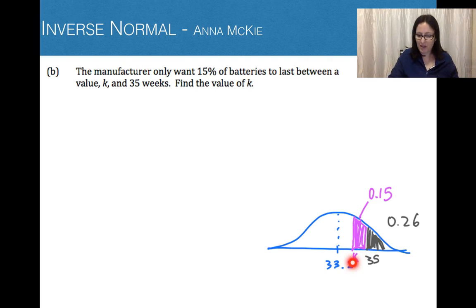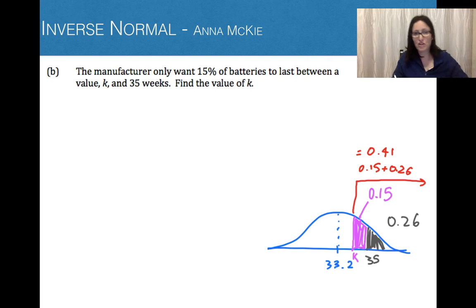From K to the rest of that function, the probability would be the sum of these two. So how can we draw that? If we've got this part here, it's 0.15 plus 0.26, and what do we get a total of there? 0.41. So the area from K onwards is 0.41.